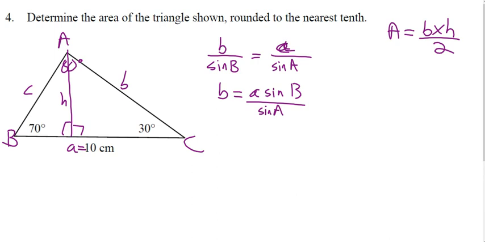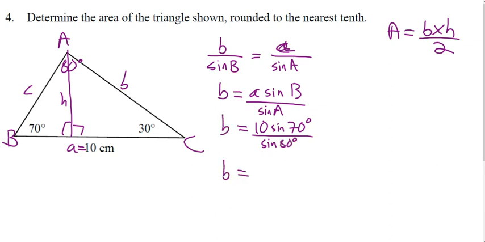Just the way I like to solve it, I rearrange it, and then all I've got to do is work out what's there. So a is 10. So 10 sine 70 degrees over sine 80 degrees.